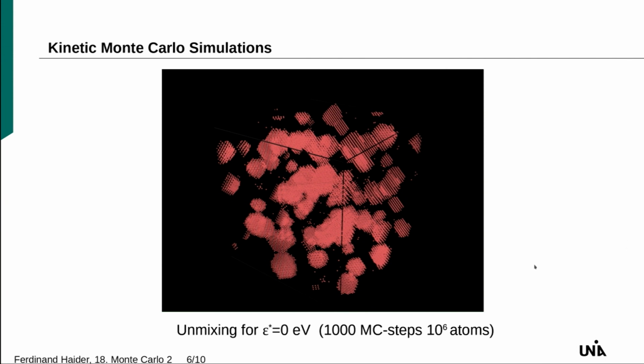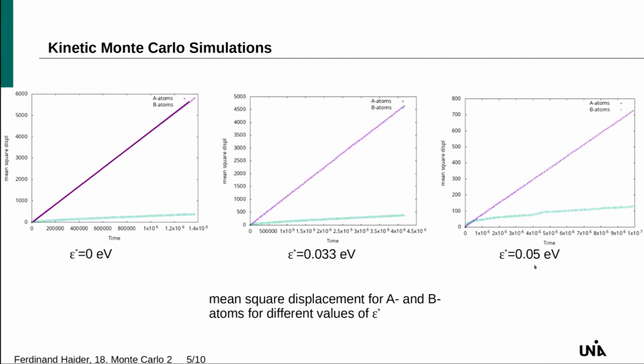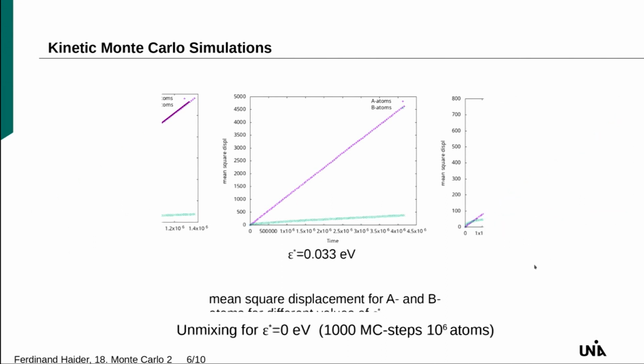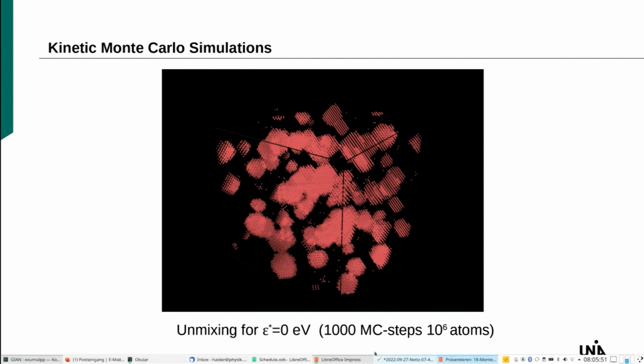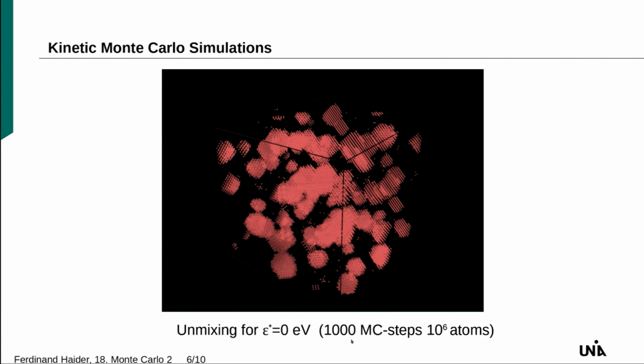view graphs here, some little movies, which now show the formation of these clusters. Here you see the flickering growth of these clusters. This is for 0 electron volts here. The simulation was done for 1 million atoms, 1,000 Monte Carlo steps. So this means overall 1 billion vacancy jumps.